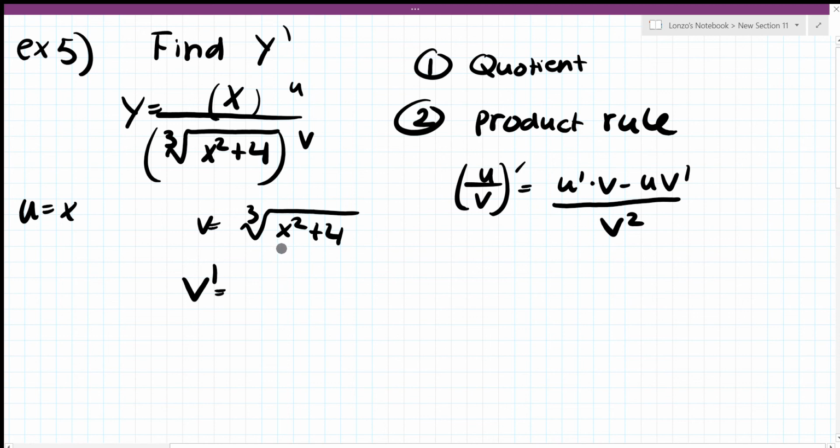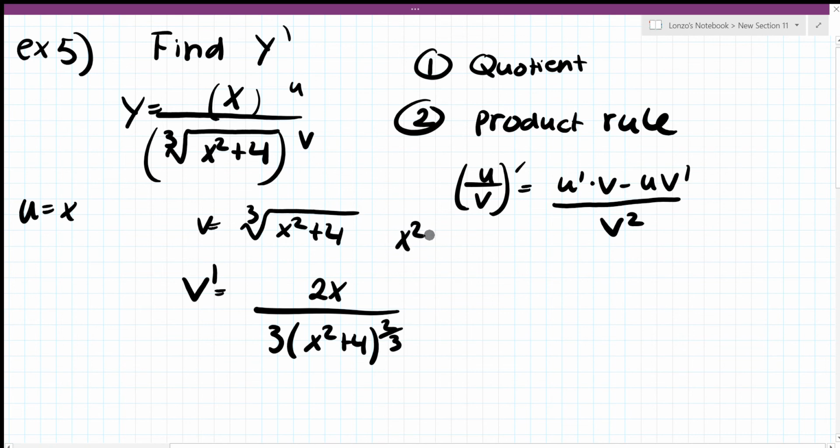When you take the derivative of this, you're going to get 2x over 3 times x squared plus 4 raised to the 2/3 power. So basically I put this in exponent form, x squared plus 4 raised to the 1/3, and then you use the power rule and the chain rule, right? And then you would get this part.